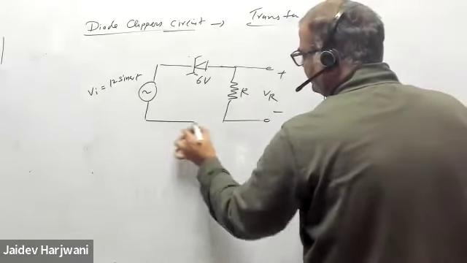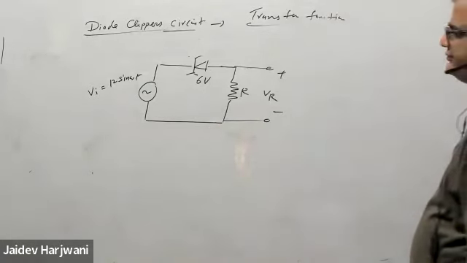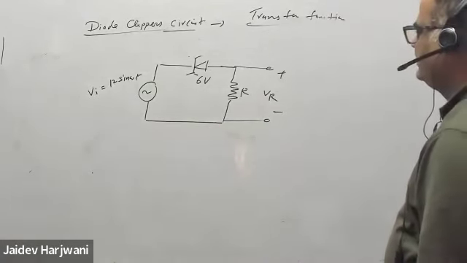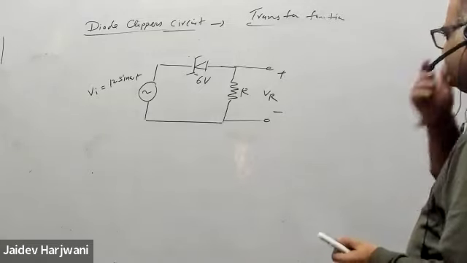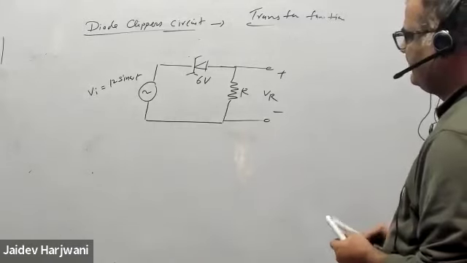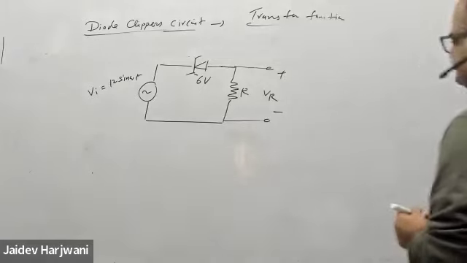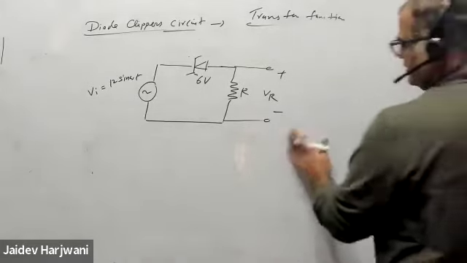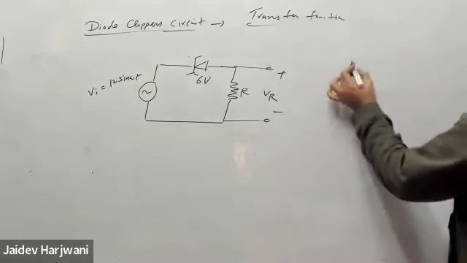Now we need to plot the graph between these values. How can we plot the graph? Tell me.